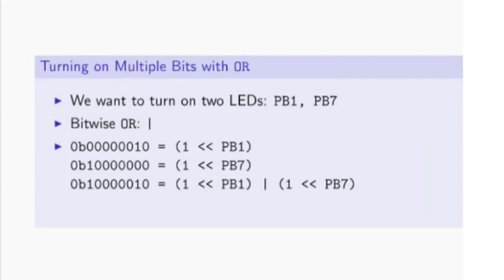You make a PB7, which is a 1 shifted over 7 times, and you OR them together. And if you look down the columns, this is a bitwise OR operation. That is to say, the result is a 1 whenever either of the two above it is a 1, and a 0 otherwise. Right? So this is a great way of making a bit mask with 2 bits set.